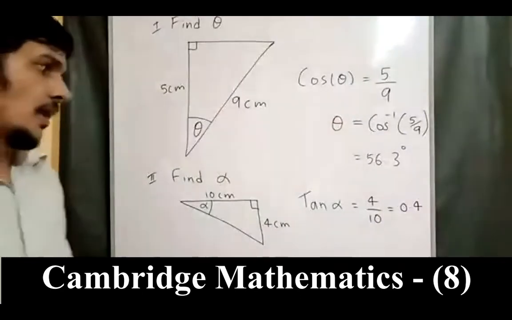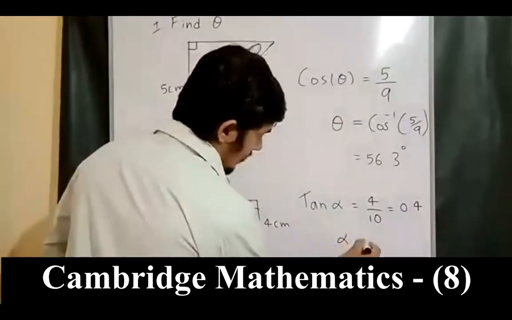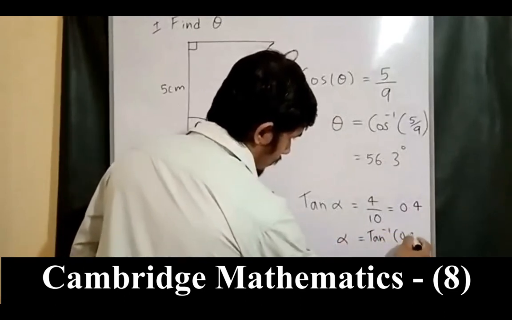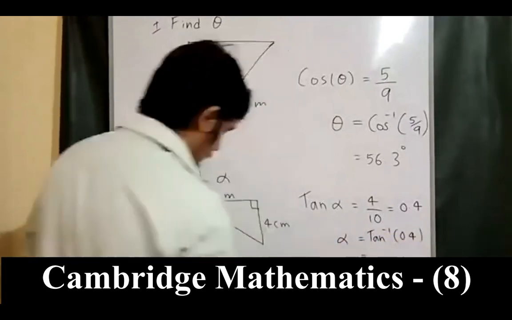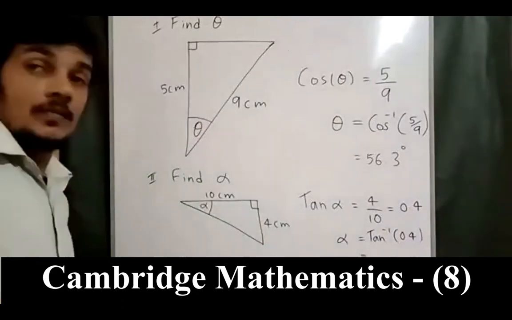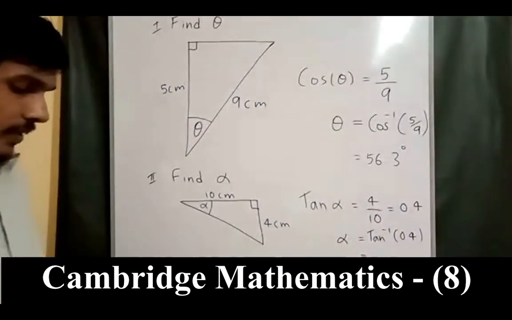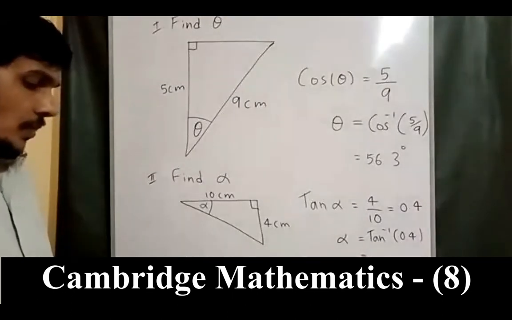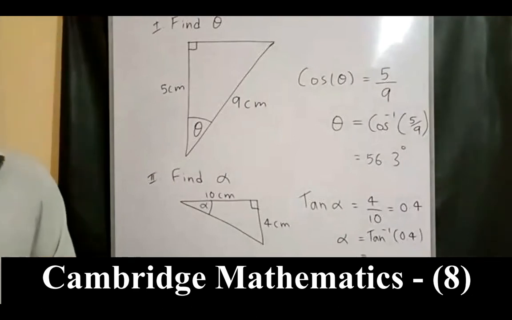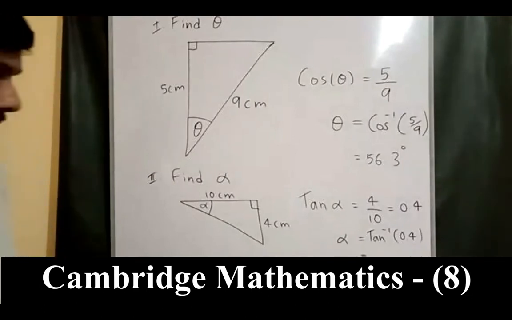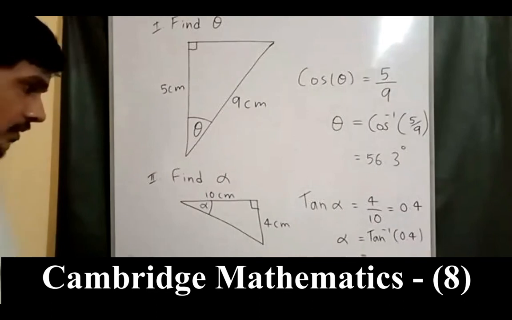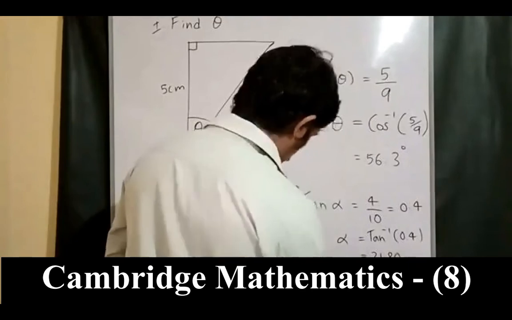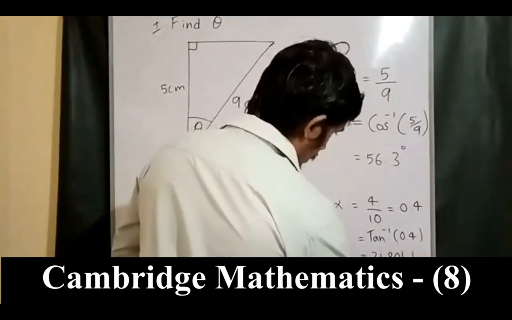Exactly. So alpha will be tan inverse 0.4. If you type tan inverse 0.4 in the calculator, you are getting 21.80, 21.801, 21.8014.